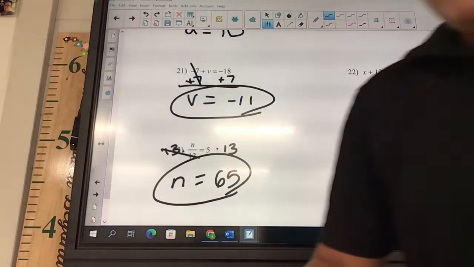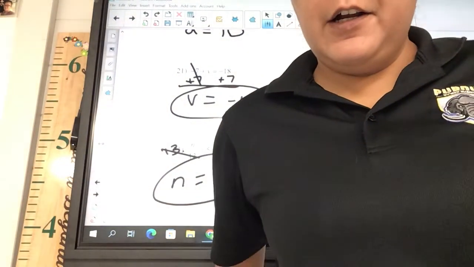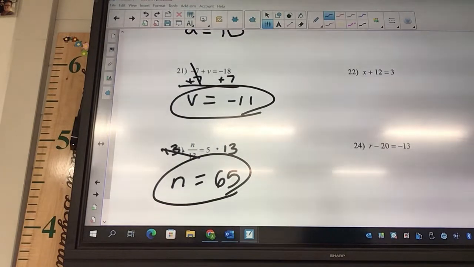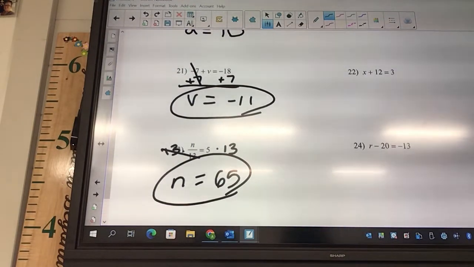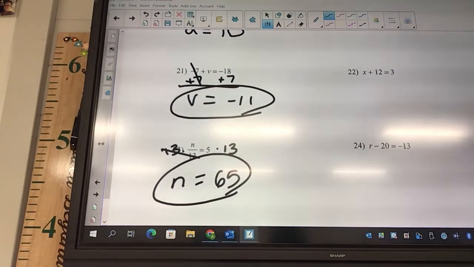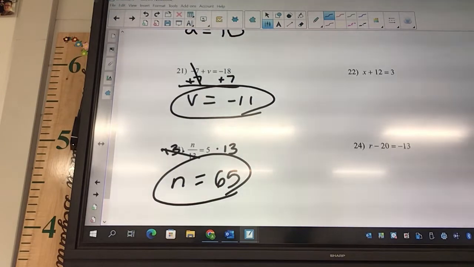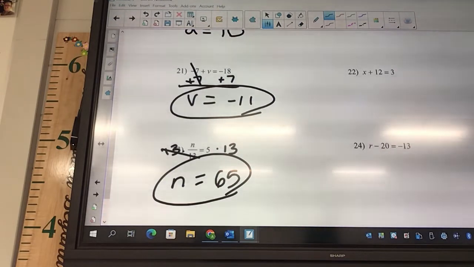Okay, real quick before I forget, look at number 4. What does a minus minus mean? It really means add. So your equation really looks like, and you can write it right now, b plus 20 equals 14.